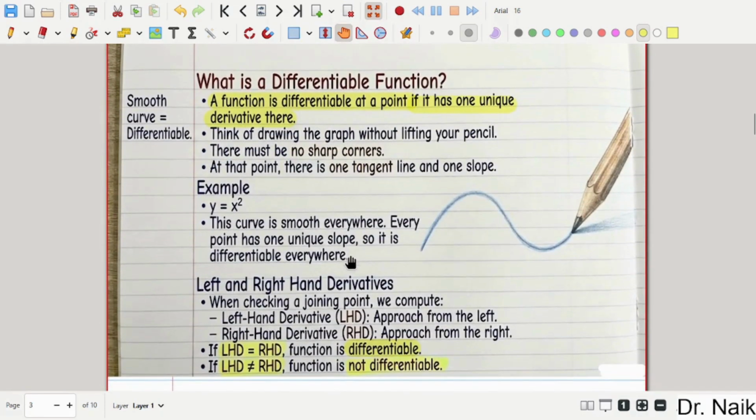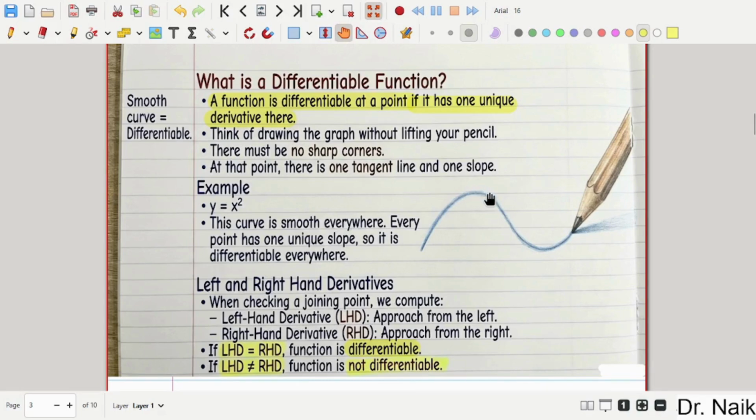Now try to understand a differentiable function. A function is differentiable at a point if it has one unique derivative there. Think of drawing a graph without lifting your pencil. There must be no sharp curves or corners.